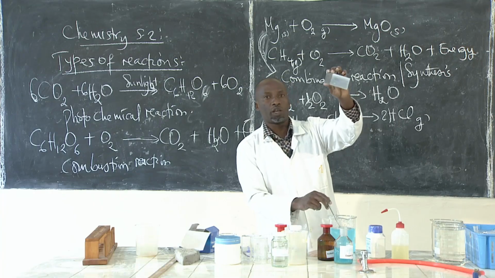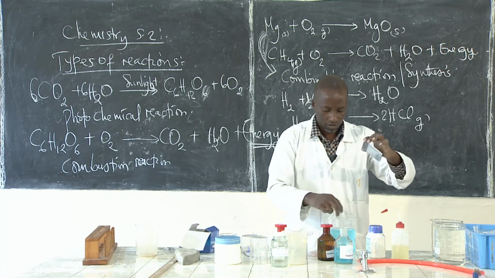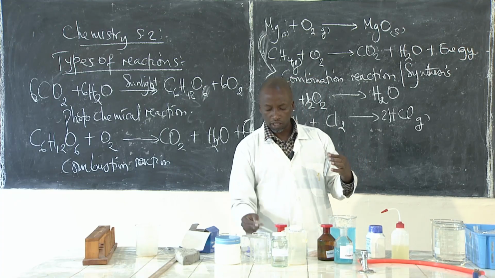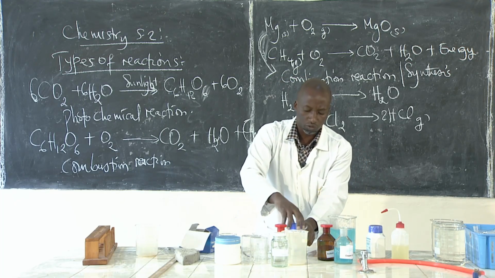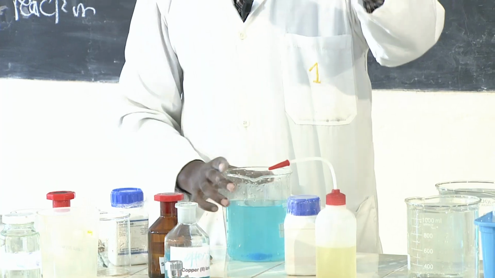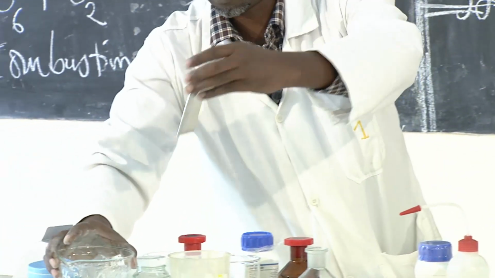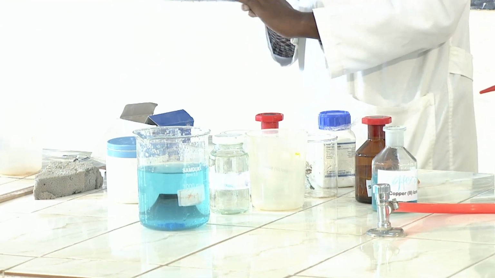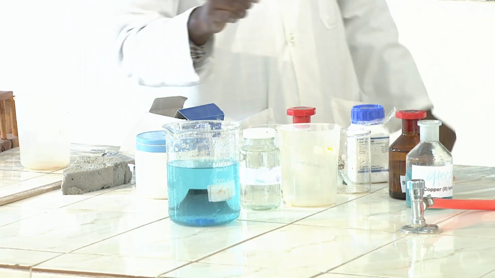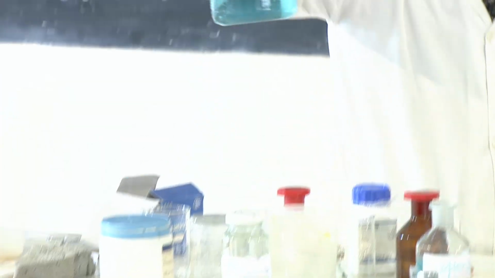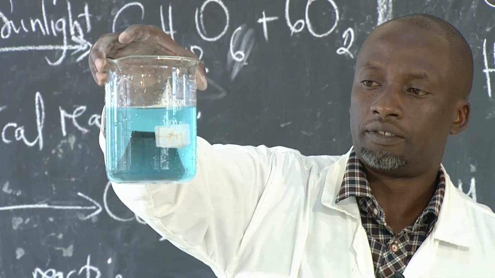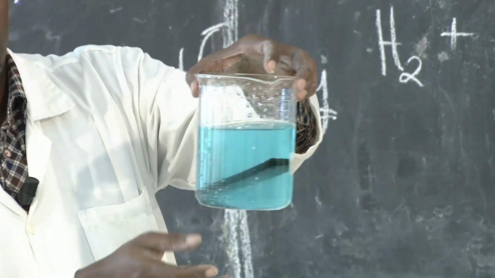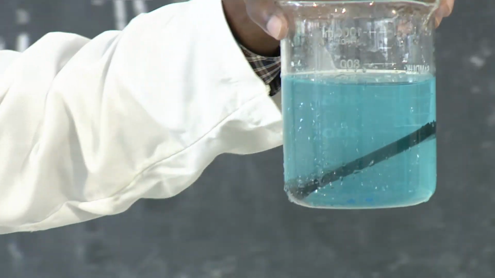I'm just going to dip this zinc strip or zinc plate in this solution, and then you'll predict what is going to happen. This is a zinc strip, and this is copper 2 sulfate. Take a close look at what is happening. The zinc strip is actually shiny because it is a metal as usual.